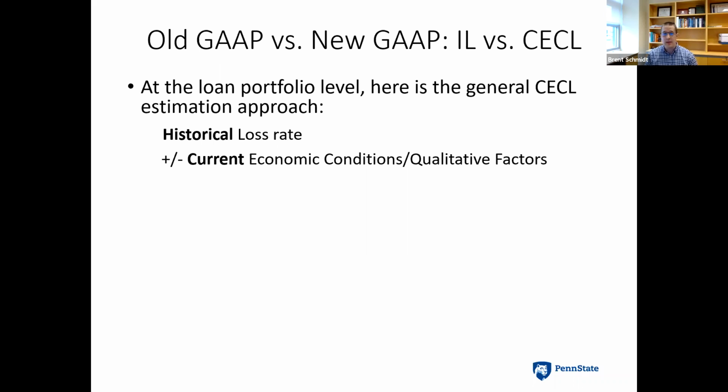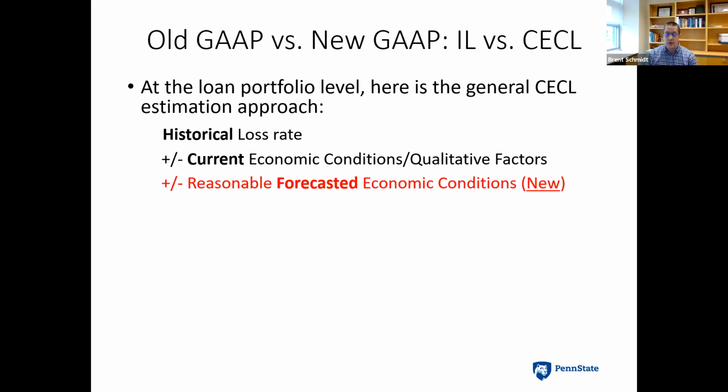So CECL came in and changed two main aspects of this. The first is CECL now explicitly requires the use of forward-looking information. A term that you'll hear is reasonable and supportable forecasts of future economic conditions. So this is one big change that's implemented with CECL.